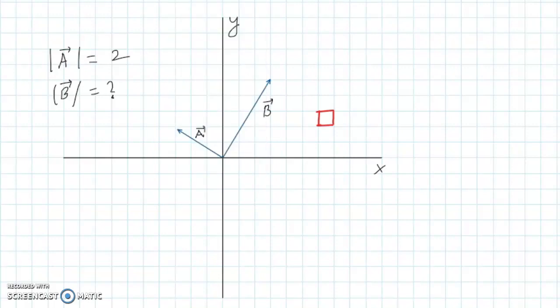The vector a has two components, along x and along y: a sub x and a sub y. We don't know their values, but we know that the magnitude of the vector a is the square root of ax squared plus ay squared.